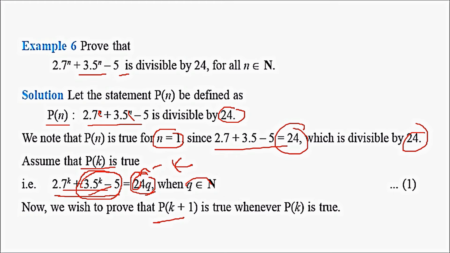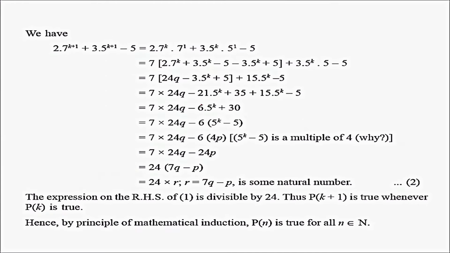We are trying to make it 24q. So now this is added, this is subtracted, and again if this is added we have to subtract this, if this is subtracted we have to add this. This value we have written like this, and this we have just left, okay, we'll deal with it later.